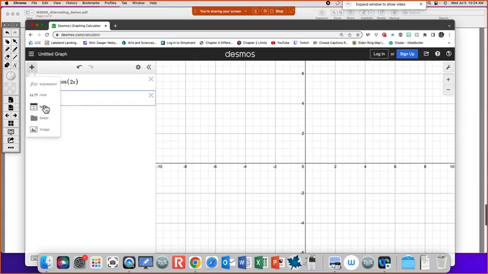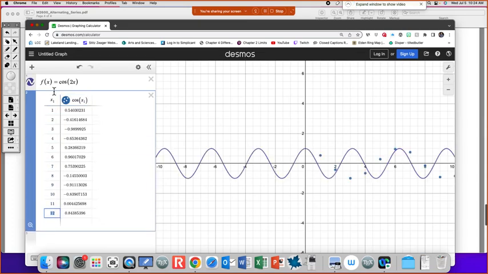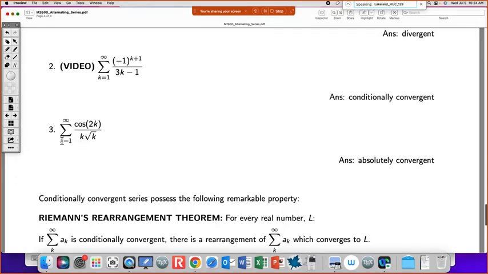Let's make a table. So you do get some positives and some negatives, but do they follow a pattern? Is it alternating? No. So on this series, you're kind of locked into trying absolute convergence because you can't try any.